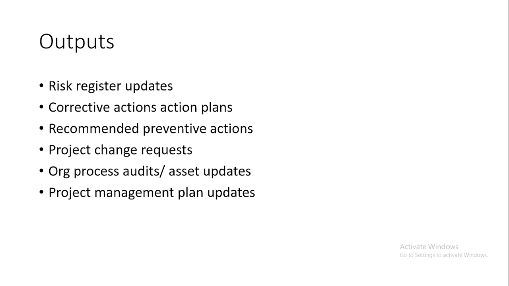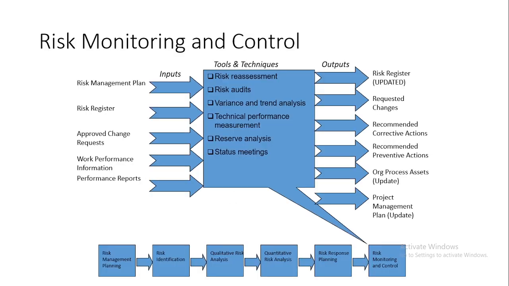So after you've done your risk monitoring, you update your risk register, you do corrective action plans, you can recommend other preventive actions to manage the risks, you can change project risk requests, you can do organization or asset updates, depending on the risks that were outlined in the risk registers and management plan. And then you can also, after, update your project management plan. So this is a cyclical process, a graphical process of risk monitoring and control.